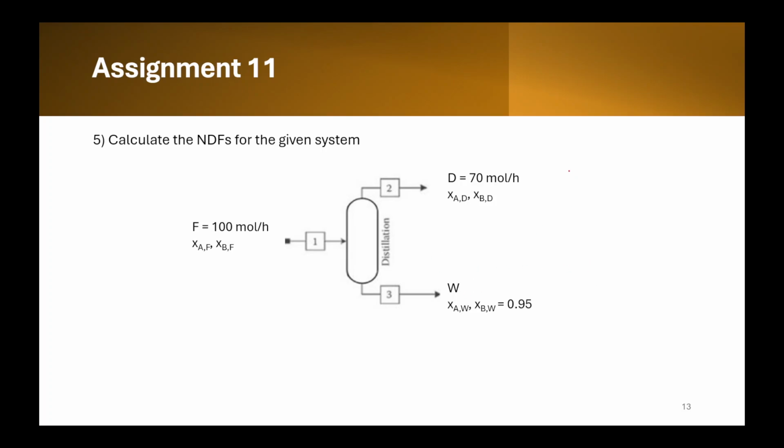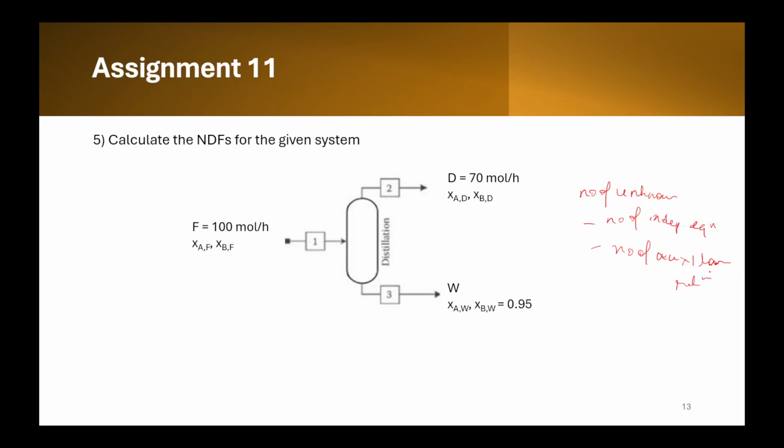So for the NDF we write number of unknowns, minus number of independent reactions, which we don't add because this is a non-reacting system, minus number of independent equations, minus number of auxiliary relations.